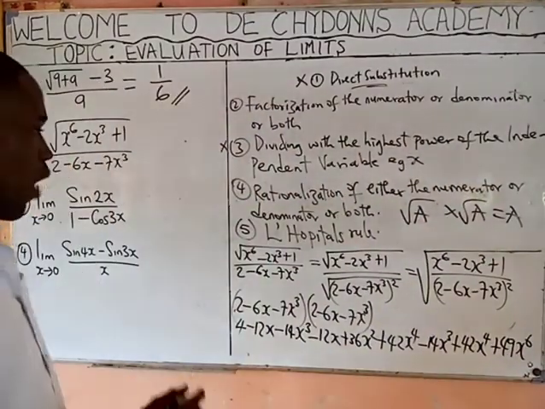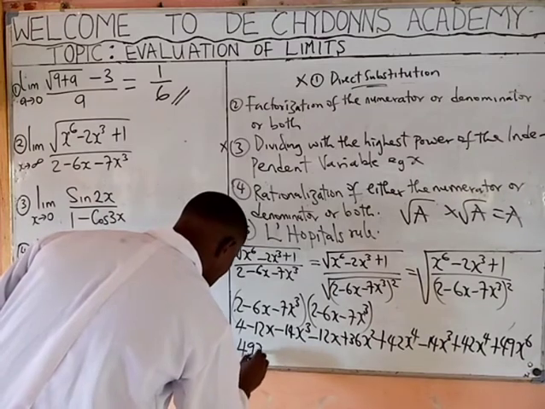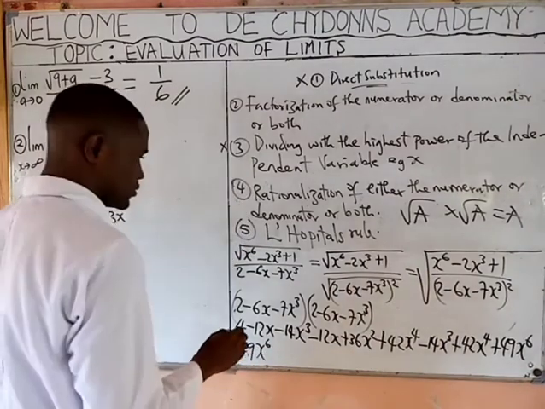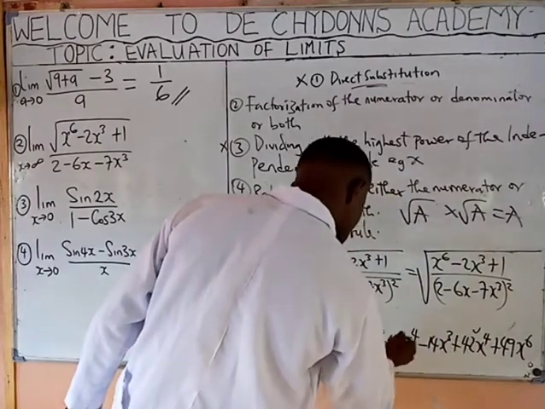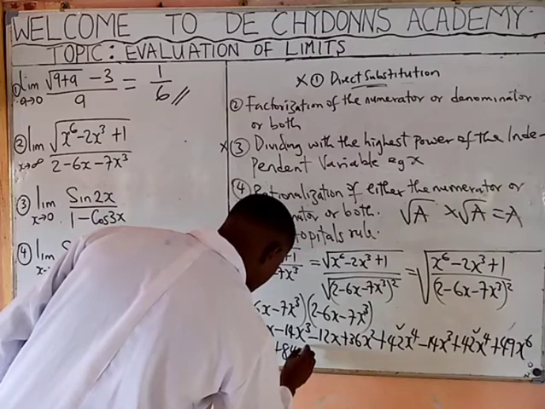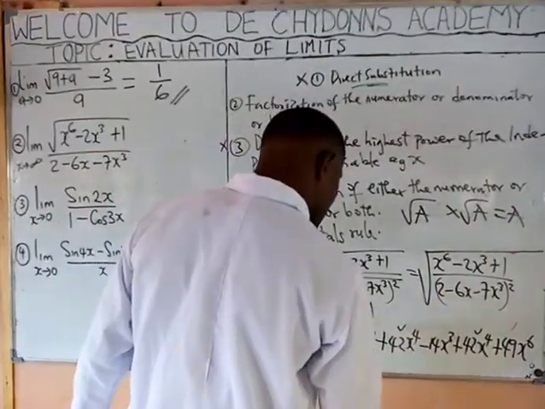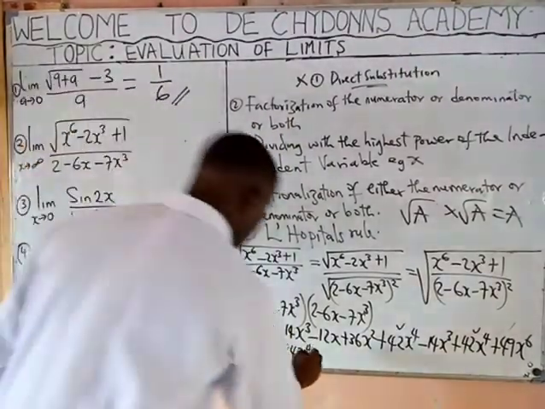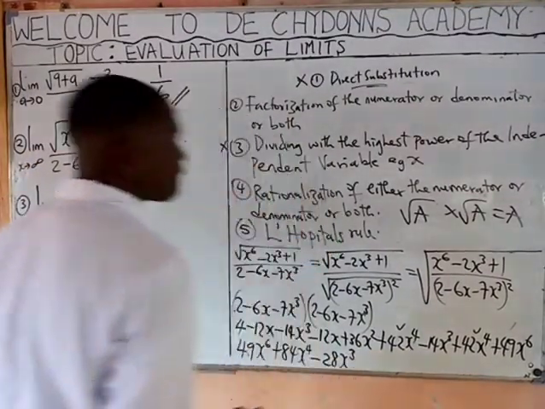Okay? Now what you do, collect like terms. You write 49x raised to power of 6. Then seconded by this and this, plus 84x raised to the power of 4. Next will be power of 3: minus 28x raised to the power of 3.